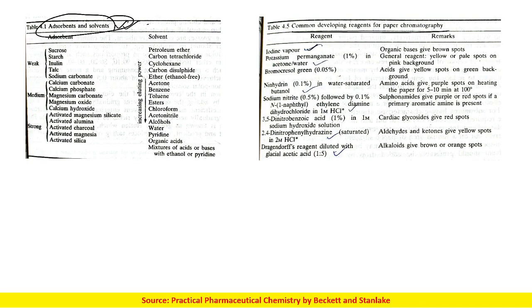So what it does, organic bases give brown spots when you place the TLC plates or the paper chromatogram into the iodine vapor. Okay, then potassium permanganate solution in acetone or water, it is regarded as the general reagent. It gives a yellow spot or pale spot on the pink background.